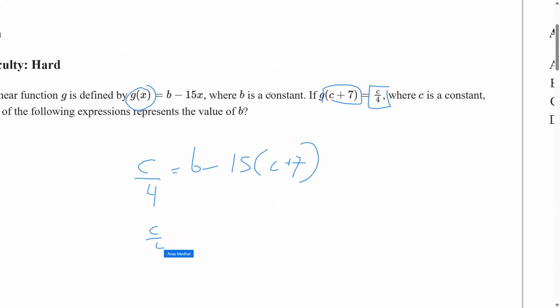b, c over 4 equals b minus 15c minus 15 times 7, 105.